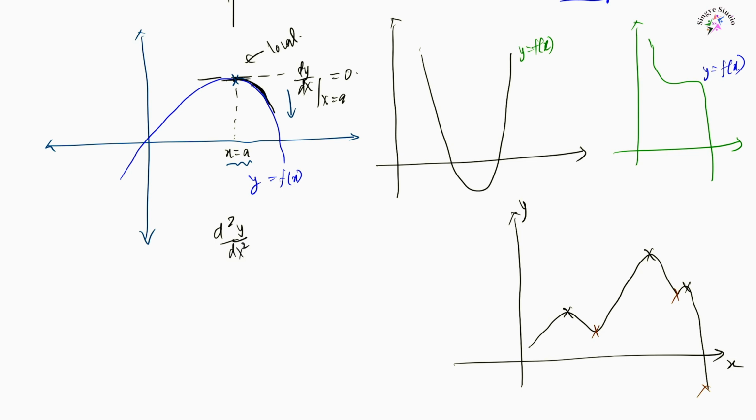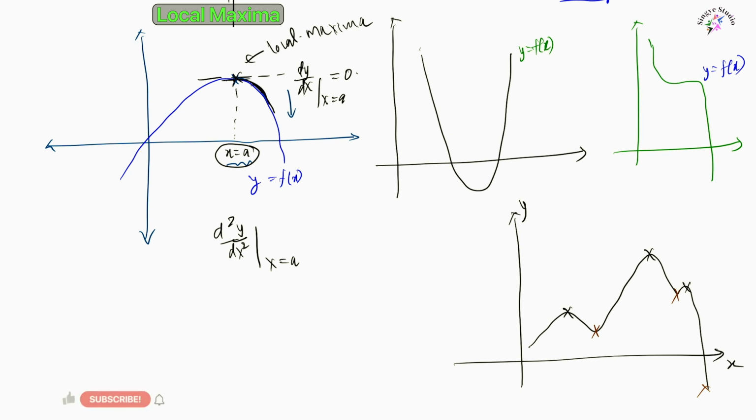If it has a local maxima, as soon as it passes the point x equals a, the slope turns negative, which means the second derivative is less than 0, right? Because it turns negative.